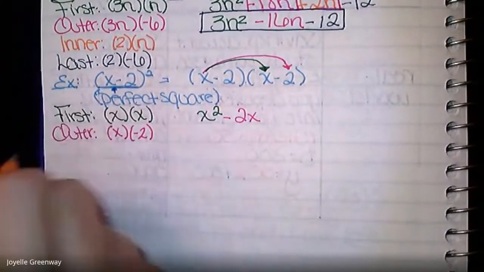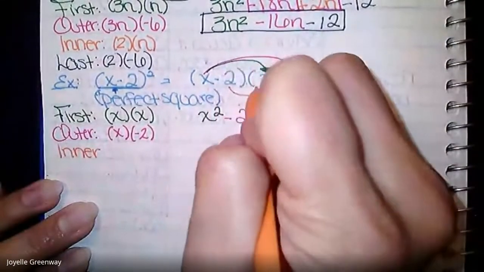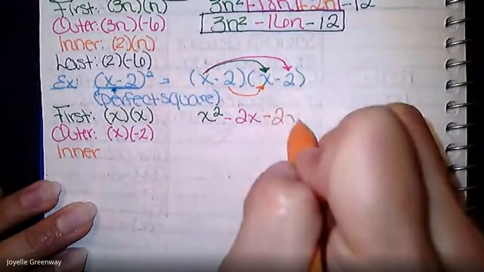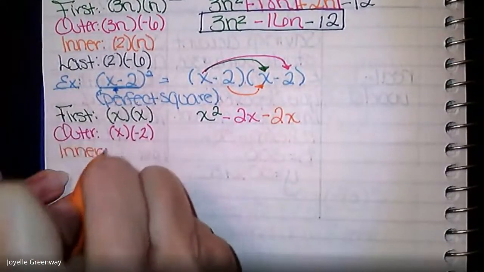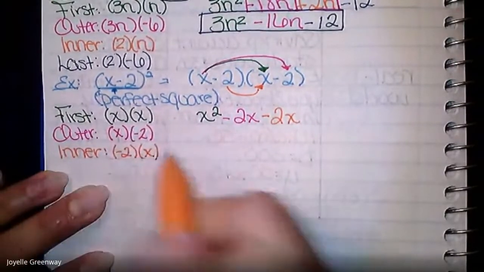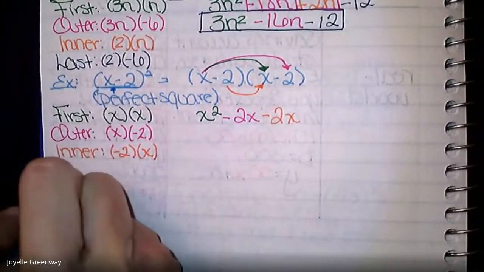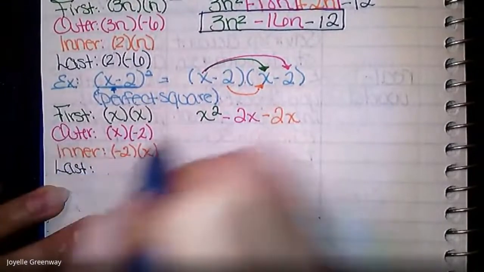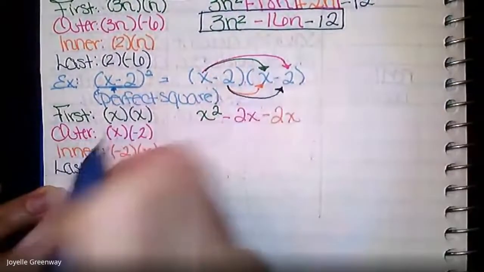Then we get our inner term, negative 2 times x is again negative 2x. Oops, sorry. Negative 2 times x. And then we have our last. And that would be negative 2 times negative 2.